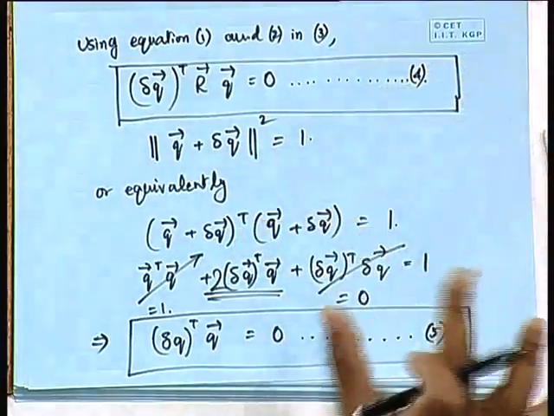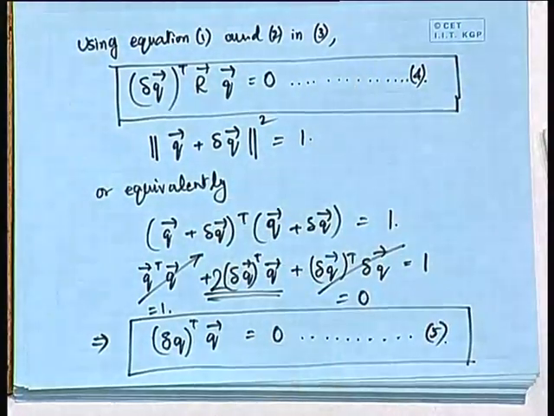So only a change of direction of q is permitted. Orthogonal means that you can only change the direction of q. This part we have to accept.